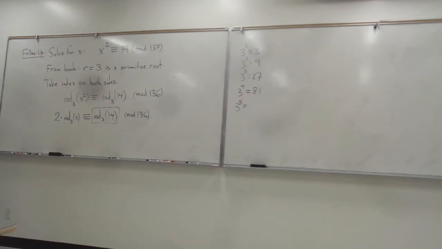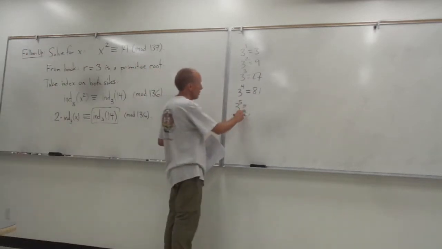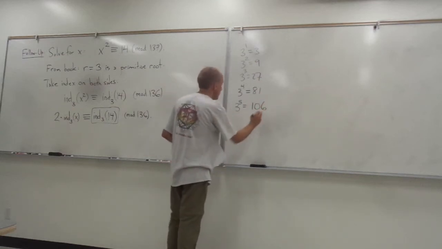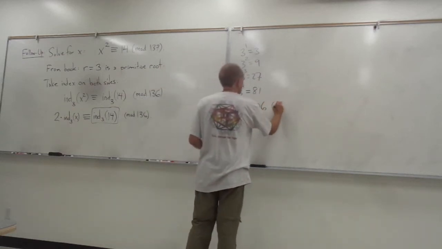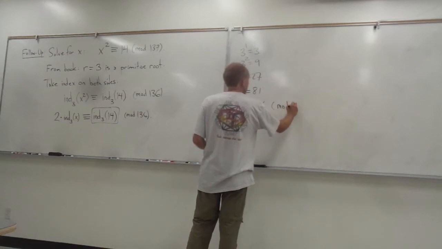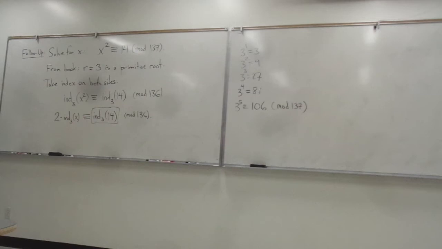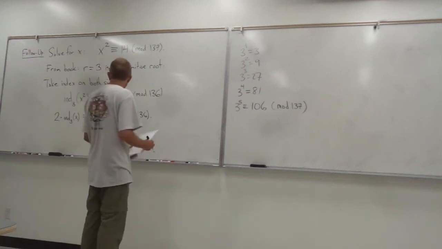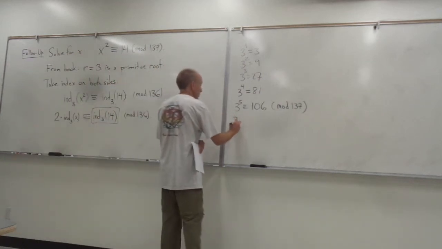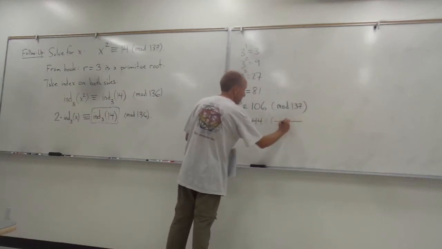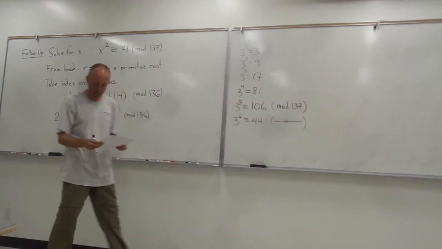Yeah, that's right, mod 137. So this is mod 137, it's what again? 106. Okay, so let me just start putting the mod here, mod 137, just so we get that down. And multiplied by 3, 318, reduced to 44. 3 to the 6th is 44. Okay, always mod 137 here.